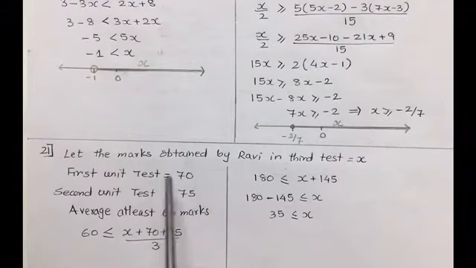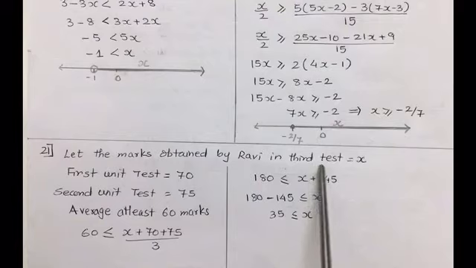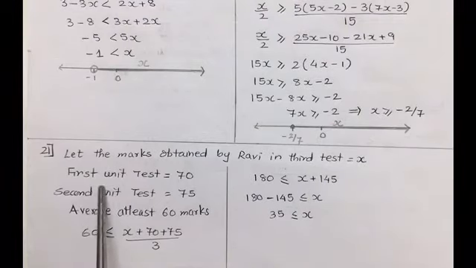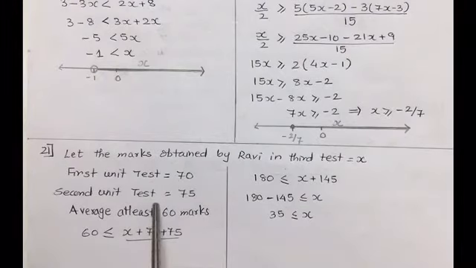Suppose Ravi scores x marks in the third test. First unit test marks is 70. Second unit test marks given is 75. The average marks should be at least 60 marks. So at least 60 means the average should be greater than or equal to 60.